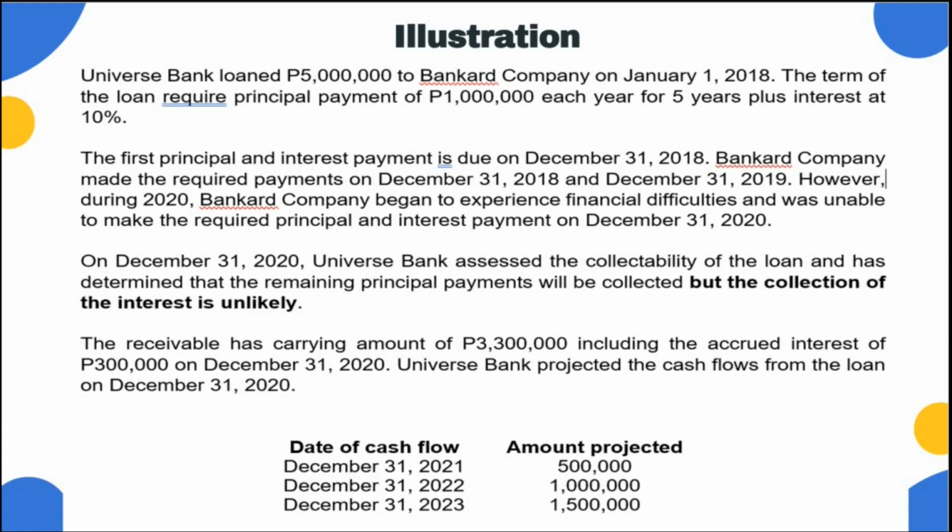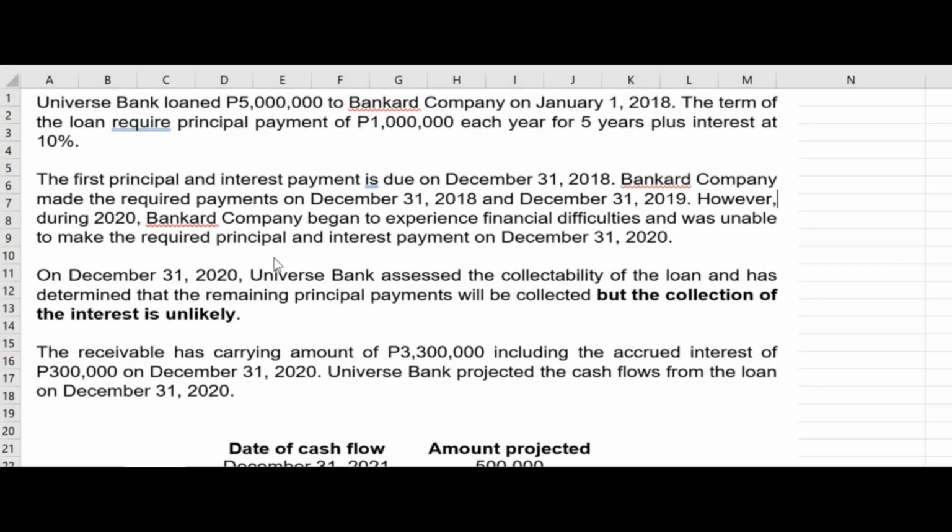Okay, so we'll have this illustration. To make the computations for this problem easier, I transferred it here in the Excel file. Universe Bank loaned 5 million to Bank Card Company on January 1, 2018.